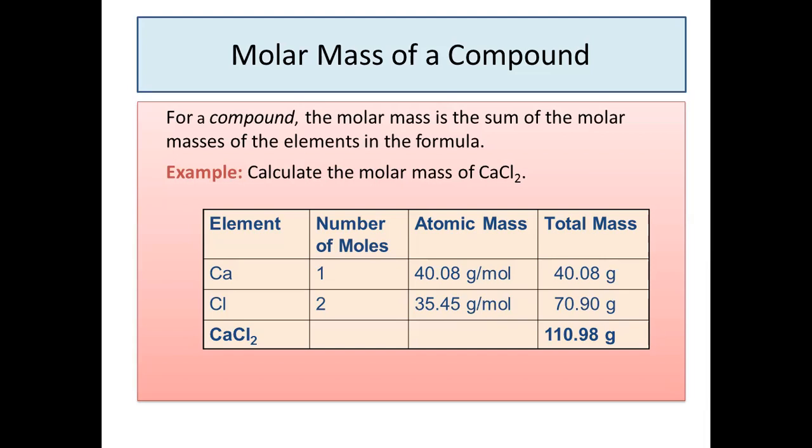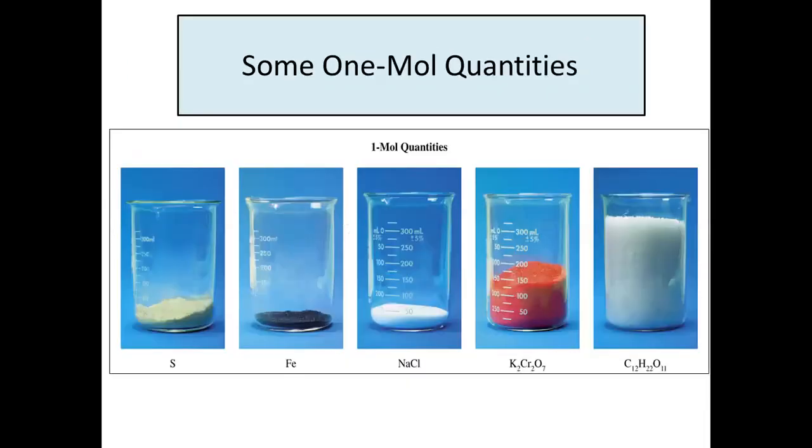While the chloride ions are in 2 moles, each chloride ion has an atomic mass of 35.45 grams per mole. So the total mass will be 35.45 plus 35.45, equivalent to 70.90 grams. So the overall molar mass of calcium chloride will be 110.98 grams.